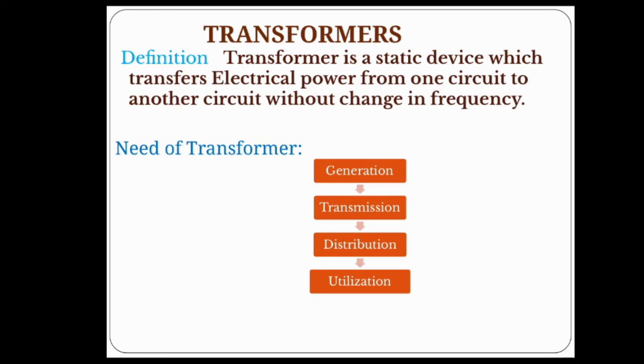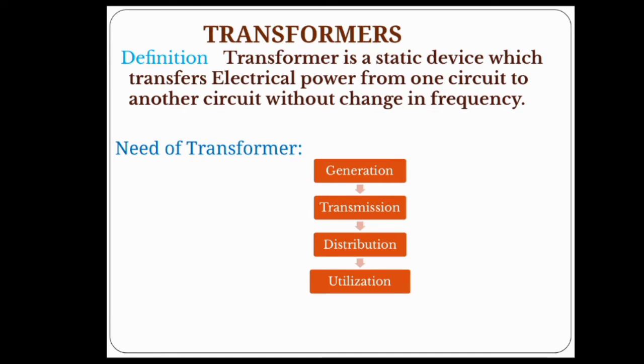Okay, so before going to the classification of transformers, first we have to know what is the need of a transformer. In general, the electrical power which we use for domestic, industrial and commercial purposes is generated in different types of generating stations.